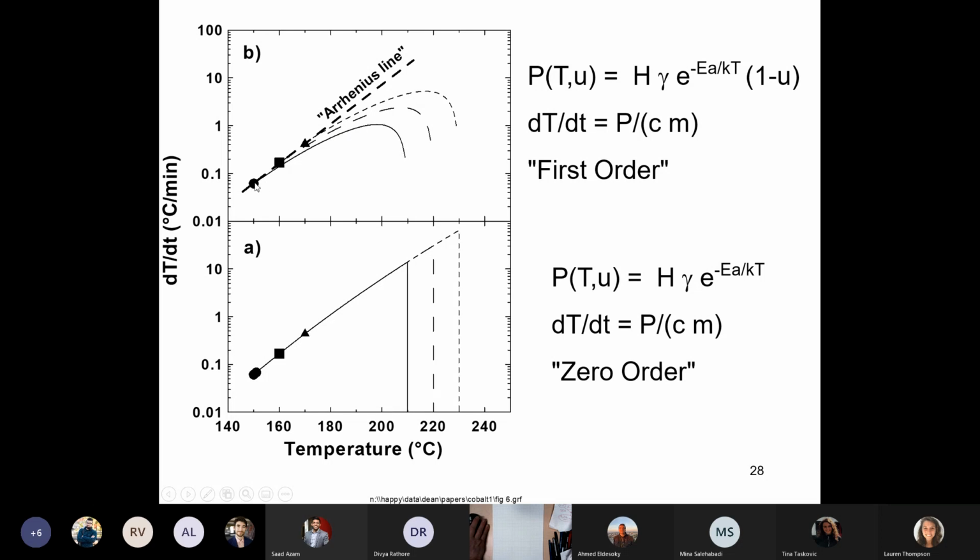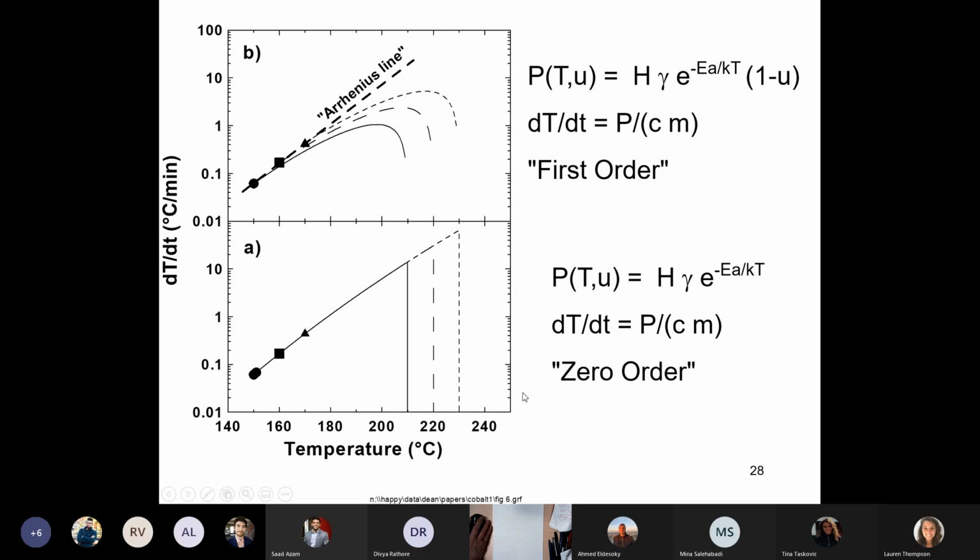So this one starts at 150 degrees with the circle. The square starts at 160 degrees, and the triangle starts at 170 degrees. And you see this self-heating rate that increases almost exponentially, slightly less than exponentially because of this 1 minus U term. And then as the reactants run out, the self-heating rate just ends.